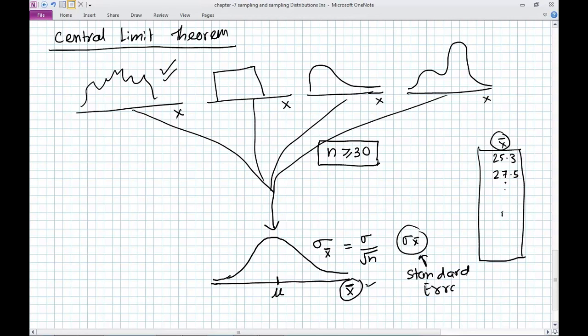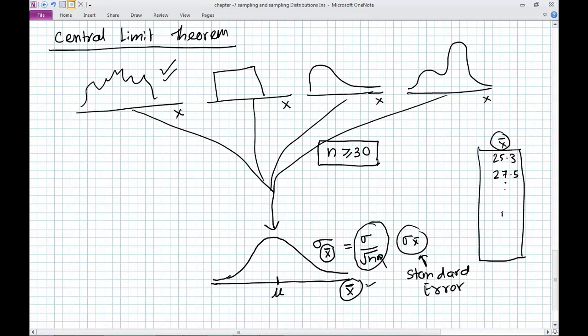In this case, sigma of x bar is called standard error. So to differentiate this from the regular standard deviation, sigma of x is called standard deviation, but sigma of x bar is called standard error. That's the key difference, because the x-axis is now the x bar axis. If you look at this formula for the standard error, n, or the sample size, is in the denominator.